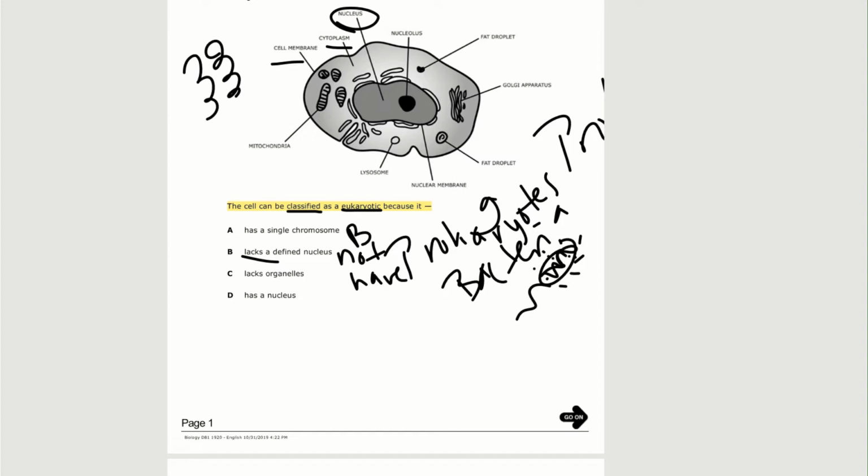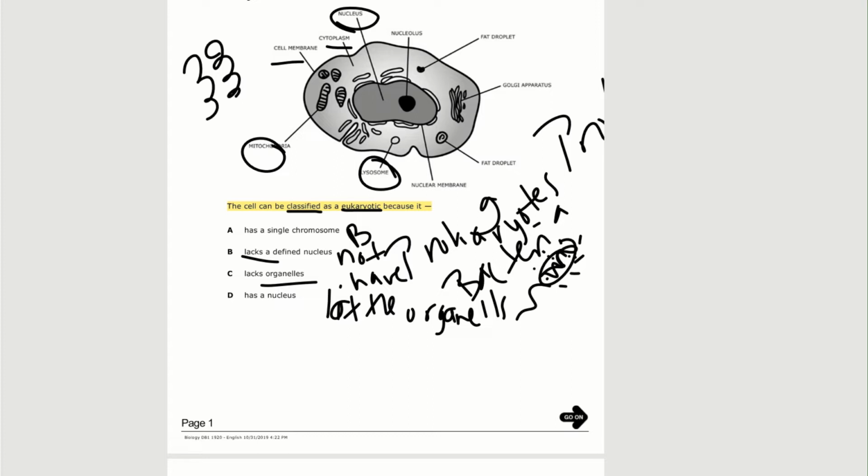Lacks organelles. What are organelles? You know this. I'm going to put little organs. Little organelles inside, right? Organelle in the cell. Those are the mitochondria, the lysosome, the nucleus. So yes, it has it. It doesn't lack it.